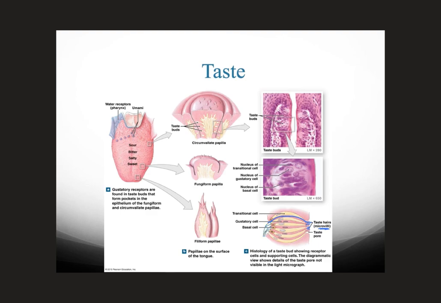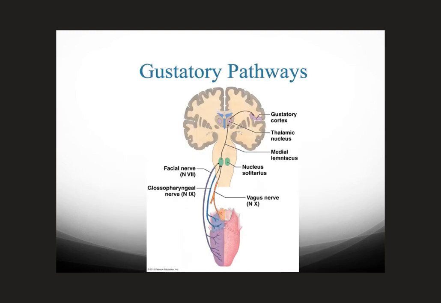Okay. Now when we talk about the pathway, basically here's what we have. At the end it's going to go to what we call the gustatory cortex, but you can see that it leaves your tongue and goes through your glossopharyngeal nerve, which is your cranial nerve number 9.